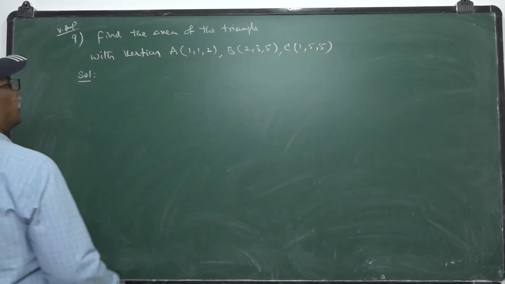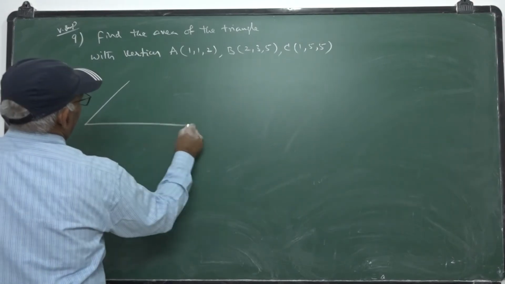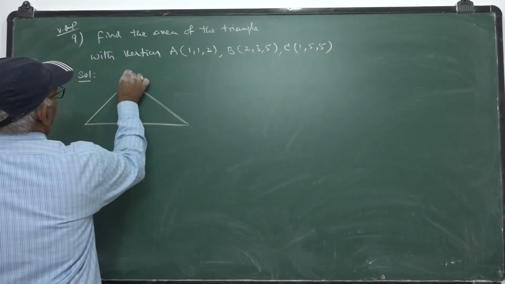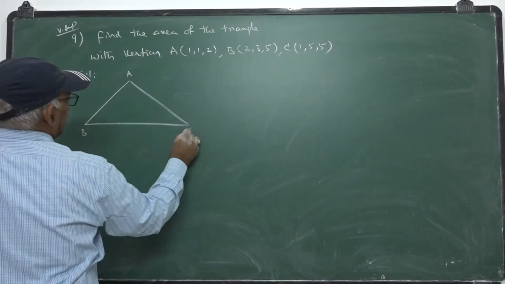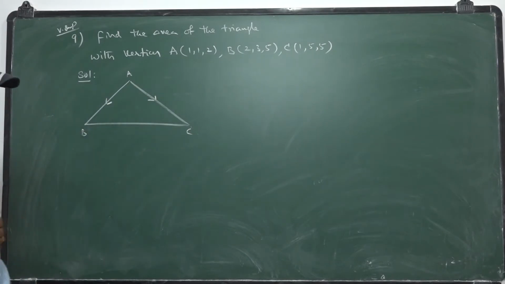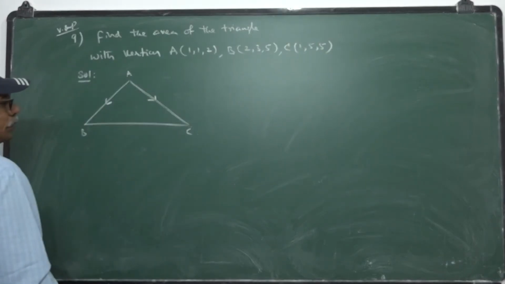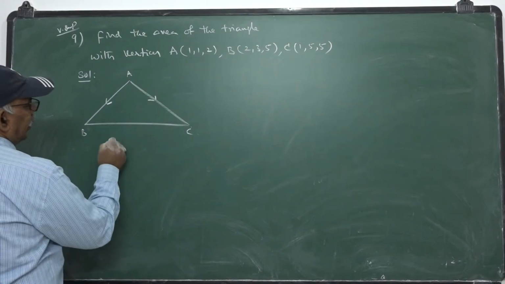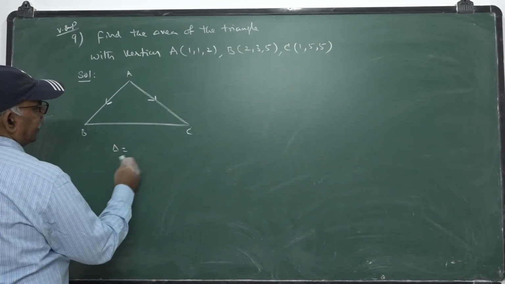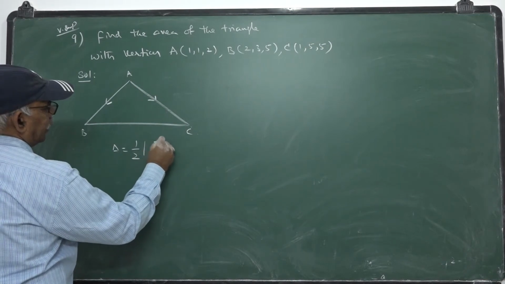In the vectorial method, to get the area of the triangle, let us consider the co-initial vectors obtained by the sides of the triangle, here AB bar and AC bar. The area of the triangle, delta, is given by half modulus of AB bar cross AC bar.